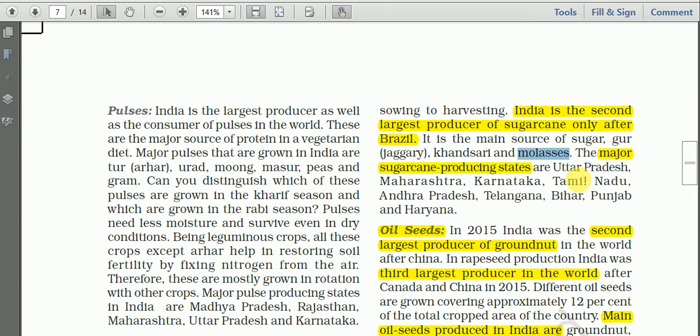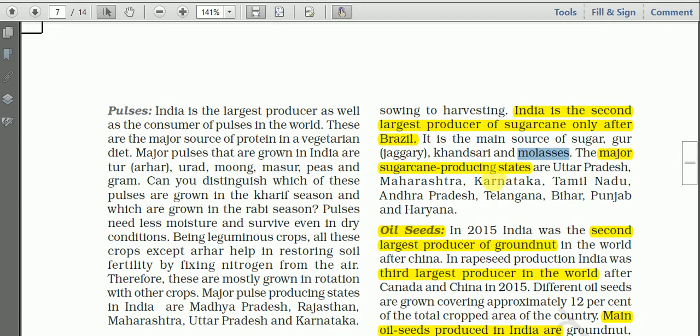That is molasses. So we say molasses is the thick liquid obtained after boiling down sugarcane juice. It is used in different ways.